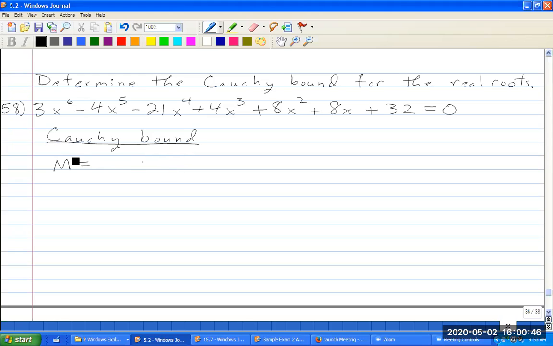First, let's rewrite this so that it's a monic polynomial.